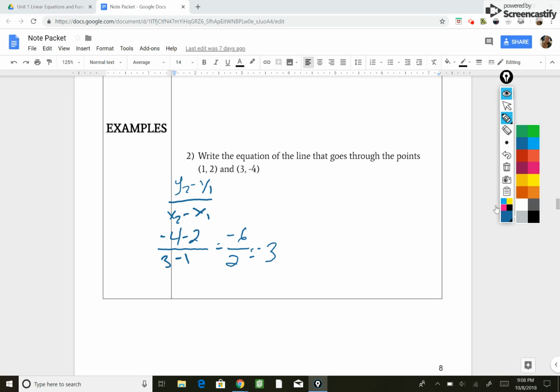Now, once you have the slope, if I give you 2 points, it doesn't matter which point you pick. So just pick one and go with it. I'm going to pick the first one because it's easier. So it's y minus the y, which is 2, equals the slope, which is -3, times x minus the x, which is 1.